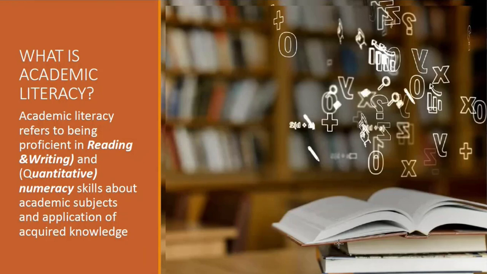It's like when you are asked to bake a cake. If you don't have the recipe, you are not able to bake a nice cake. But if you are given the recipe, the measurements, academic literacy is about that, because this is where you fine-tune your skills of reading.